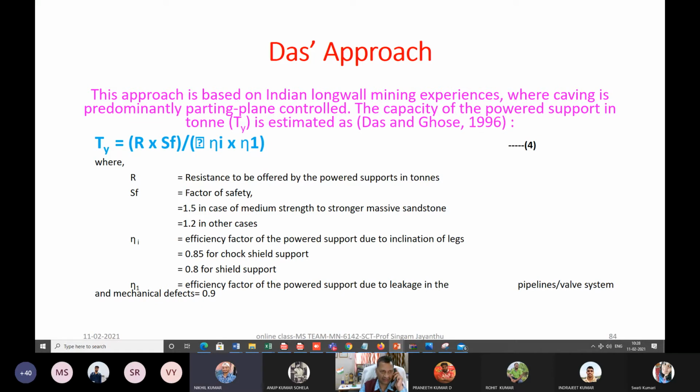Eta I is the efficiency factor for the powered support due to inclination of legs, which is 0.85 for chock shield support and 0.8 for shield supports. And eta 2 is the efficiency factor of the powered support due to leakage in the pipelines or valve system and mechanical defects, which is 0.9.